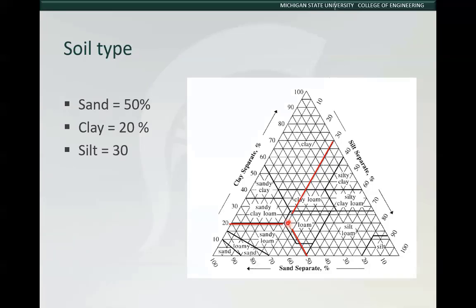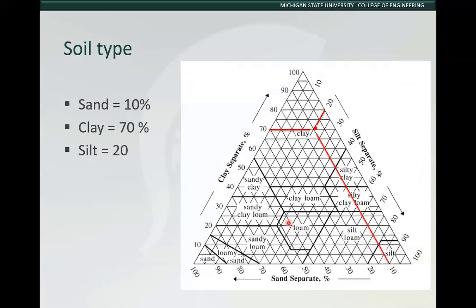And where those 3 lines intersect that tells you what type of soil this is. So this would be a loam soil. Just looking at another example here. In this case, we have 10% sand.